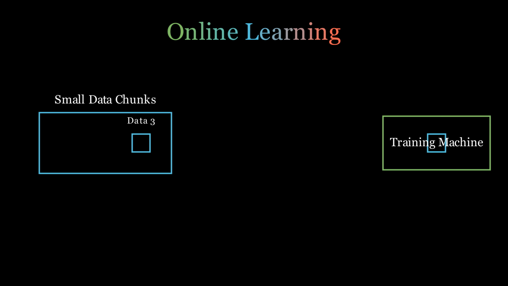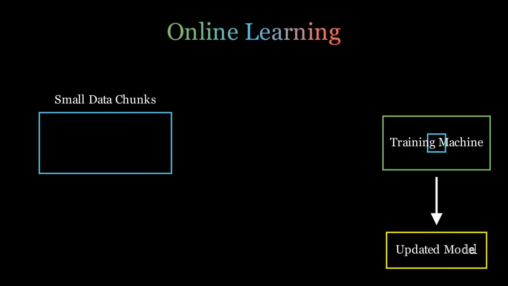Chunk 2 is processed by the training machine, and the model is updated incrementally. Chunk 3 is processed by the training machine, and the model is updated incrementally. After processing all the chunks, the training machine produces an updated model, ready for use.